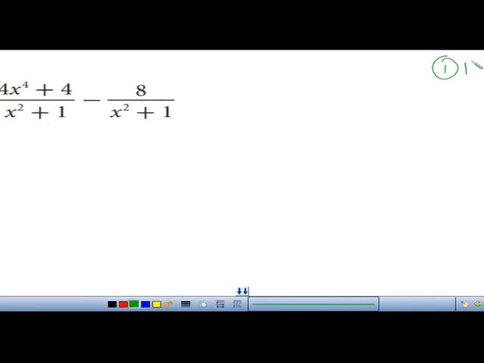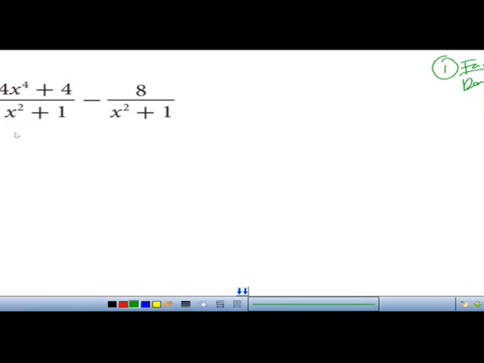Step 1, we need to factor the denominators. Look at this denominator. It's a binomial, but does it have a subtraction in between? No, so we can't use the square root method. And since it's not a trinomial, we can't use the Power Rangers.